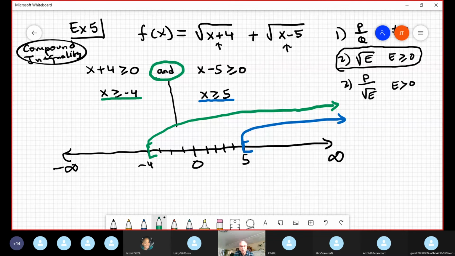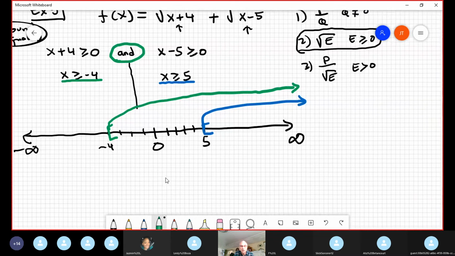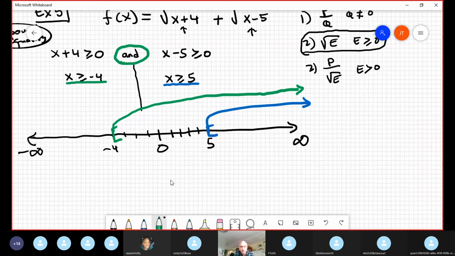What is the common part between the green interval and the blue interval?